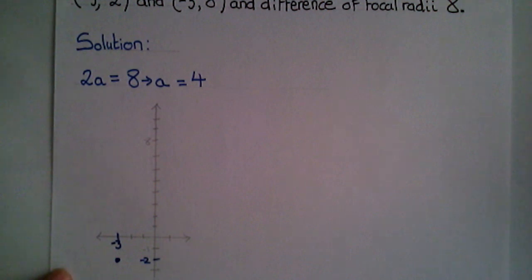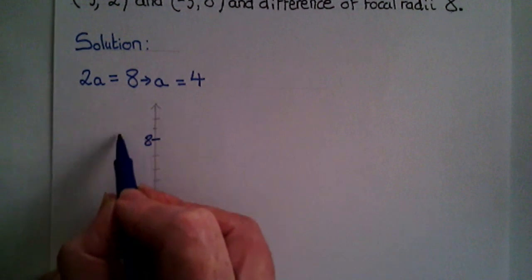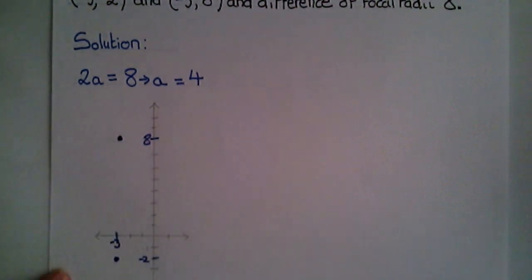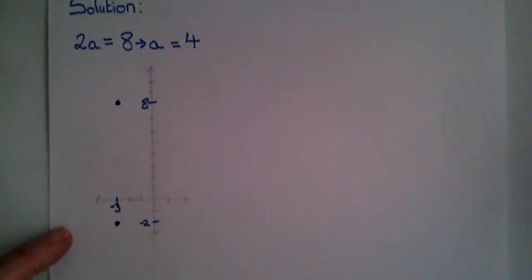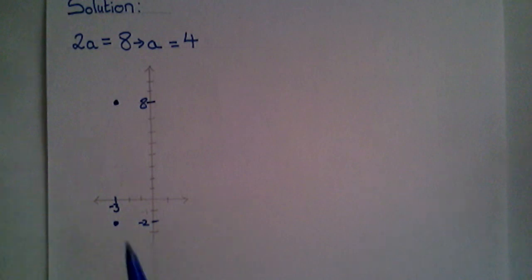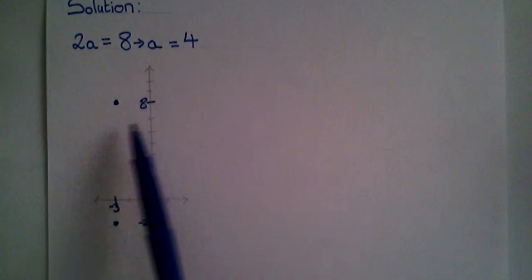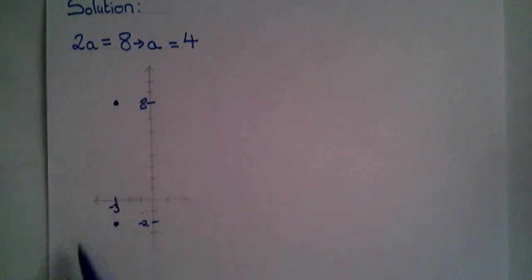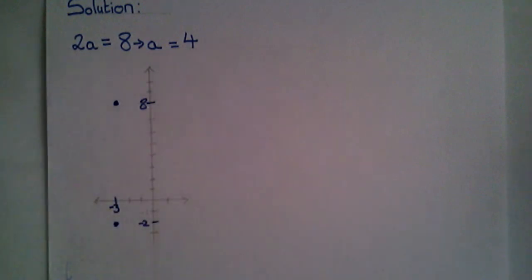And the other one is -3, 8. So here's the 8, -3, 8. That's my other foci. The foci are within the branches of this hyperbola, so the branches open this way and this way.